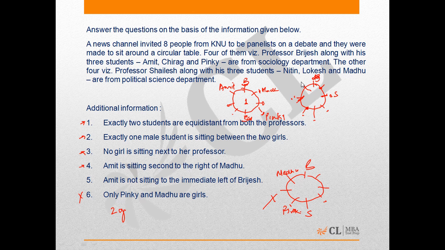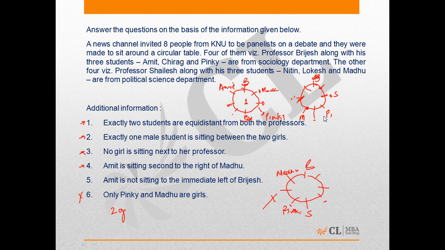Basically there are three possibilities in this case. So let's consider the first possibility, in which Pinky will sit there and Madhu will be sitting there. In that case, condition 4 will be violated.